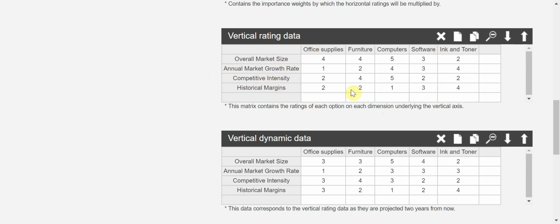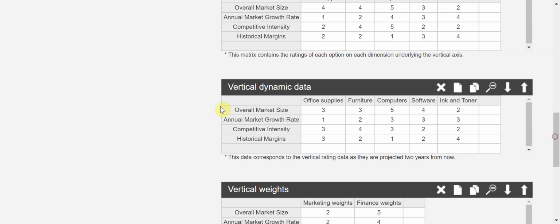This is the current rating about the current situation of the industry of the units, right? The same thing, we have dynamic data in this vertical axis too, right? It's about the projection ratings in the future, 2 years from now. So they evaluated the industries of the 5 units regarding the 4 different factors.